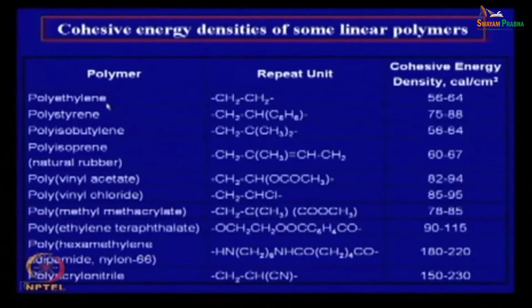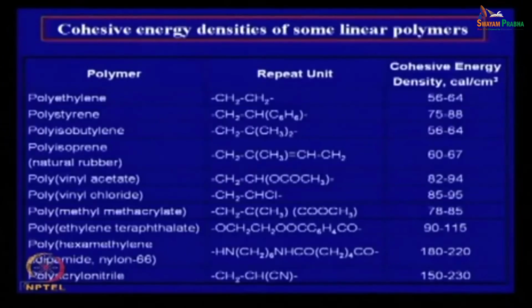This way, if you move from polyethylene to different other polymers, and look into their structures and configurations and the atoms present there, then you can correlate their cohesive energy density. Cohesive energy density is the sum total of secondary valence force energy, the total quantity per mole, per gram mole.